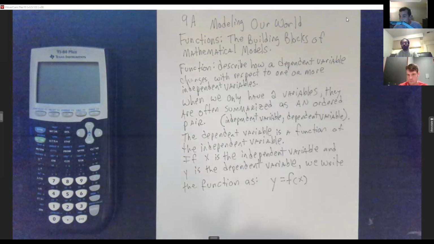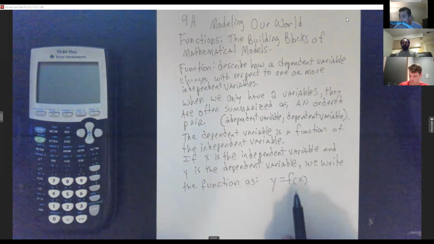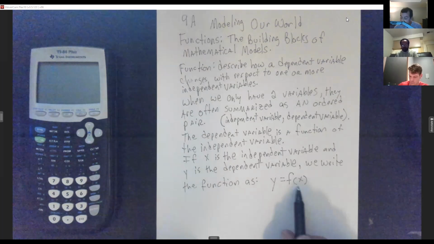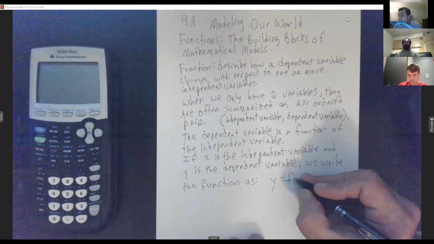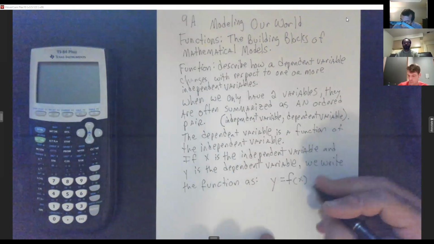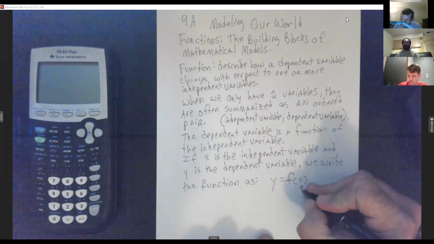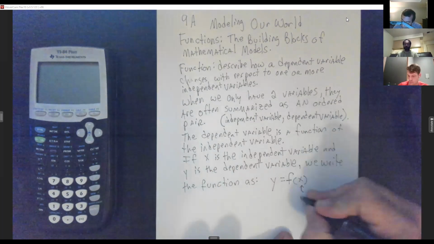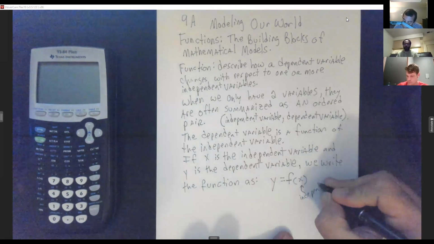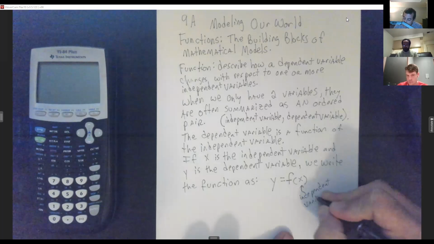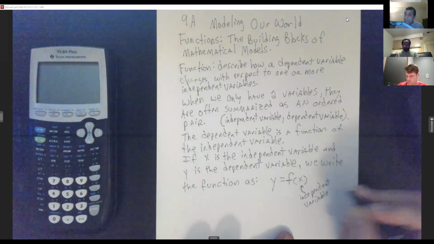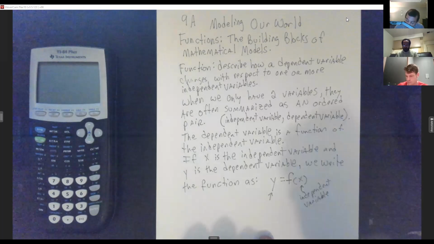All right, so in college algebra and in math, this is what we call function notation. F is usually what would be the name of the function. X is your independent variable. And Y, like we said, is our dependent variable.